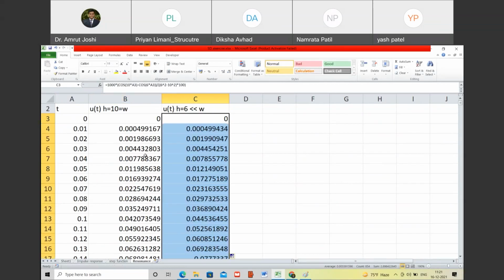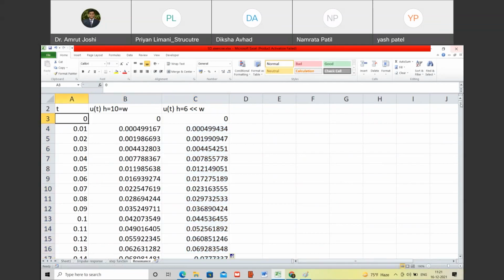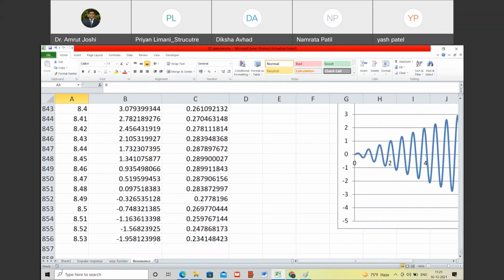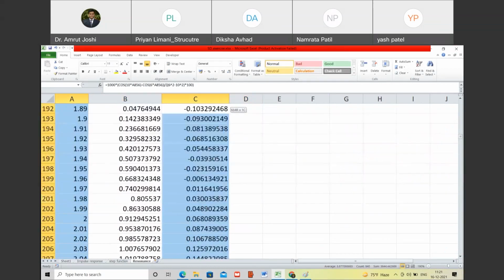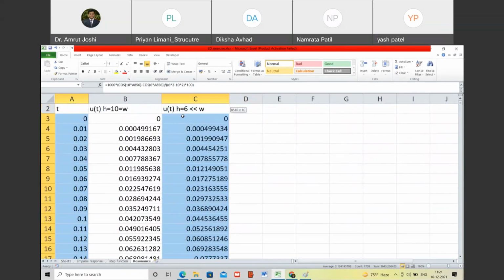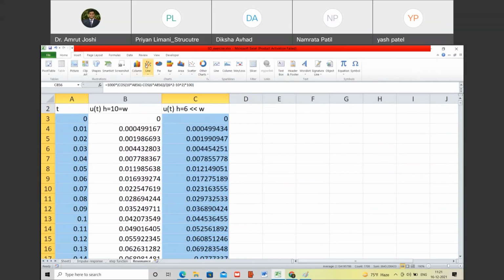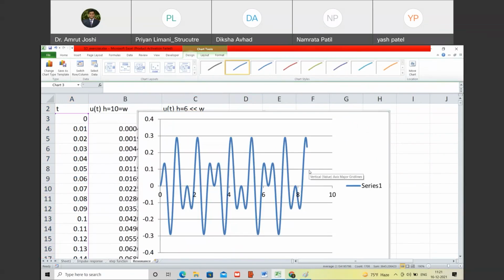So let us have a look at the response. What do you observe? The response doesn't have any specific characteristic. Do you agree with me?